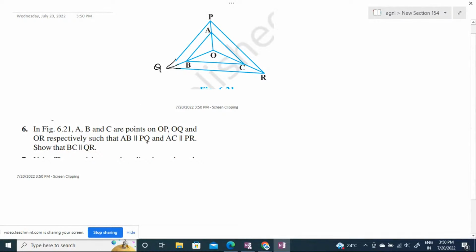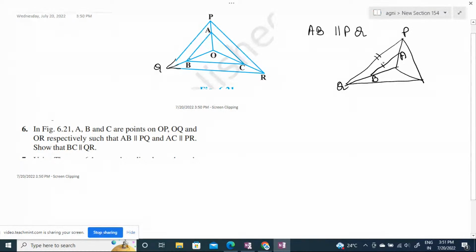Now AB is parallel to PQ. That means if we consider the diagram for AB parallel to PQ, the diagram goes like this. This line AB is parallel to PQ. This is PQ.